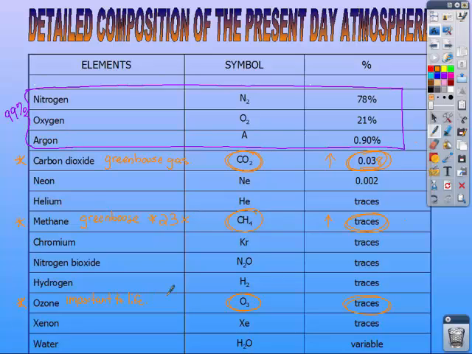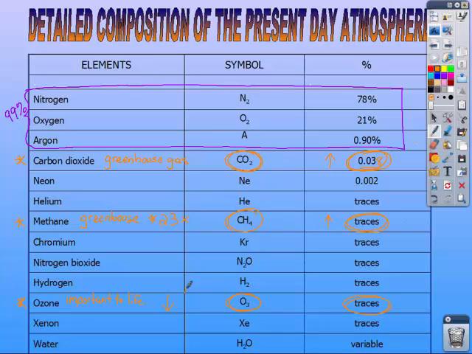And humans were contributing to the destruction of the ozone layer. We were adding ozone-depleting chemicals to the atmosphere and deteriorating that ozone layer in the stratosphere. So those are three variable gases whose numbers can change and are going to have an impact. There's going to be a cause and effect relationship with the composition of the atmosphere.